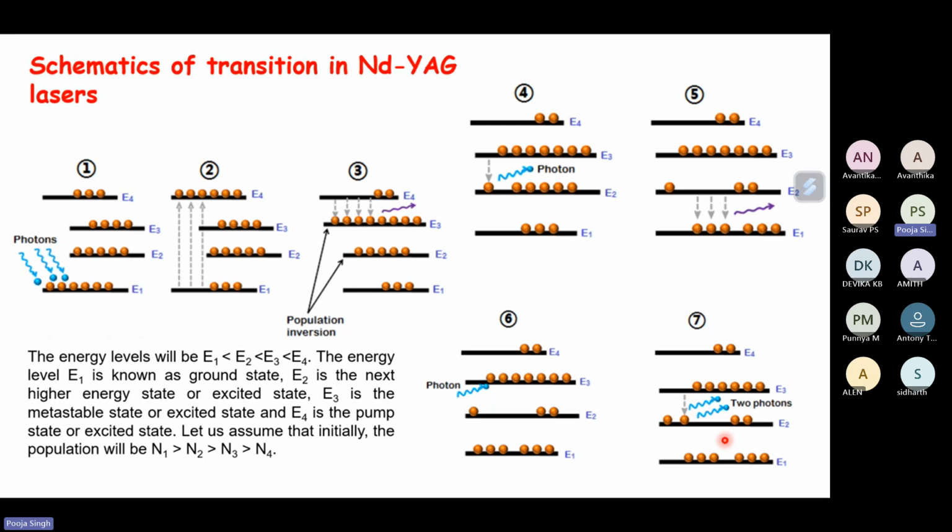And in this way, the increase in the intensity of the light occurs. So the energy of E1 will be lower, and E4 will always be higher. And when you are talking about population, N4 will have higher. Okay, so here you can see, here you have 6, here you have 5, here you have 4, here you have 3. That is the population, meaning the number of electrons. Okay, this is the procedure.